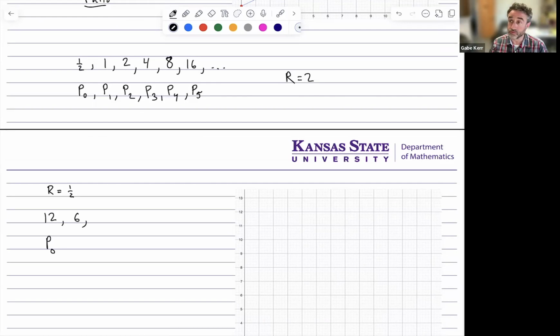This is using the recursive formula, where we just multiply the previous term by 1/2. And then we half that, and we get 3. And we half that, and we'll get 3/2. We half that, we get 3/4, 3/8. It starts to get pretty small quickly.